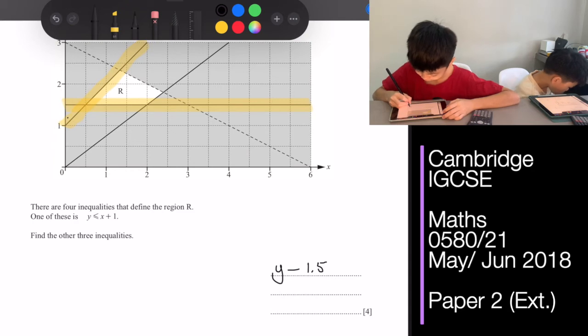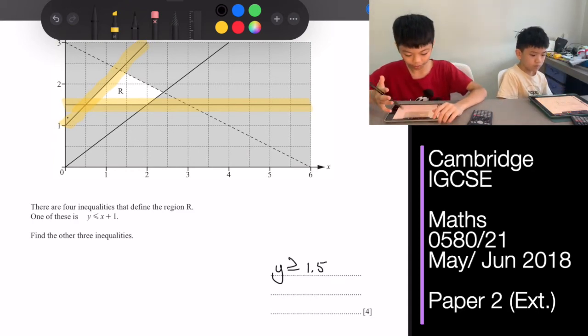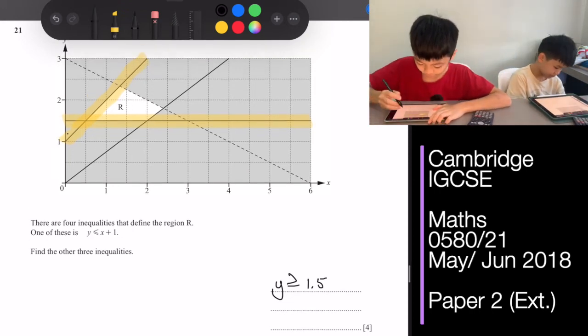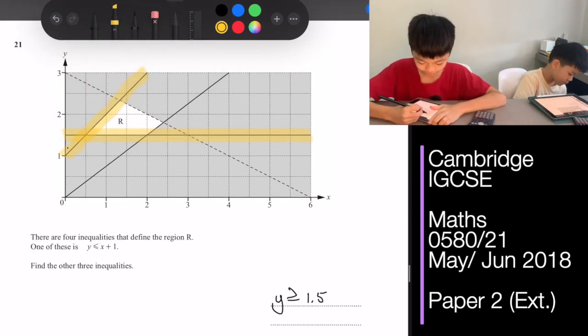So y is bigger or equal to 1.5. Alright, next we'll take the dotted line. I just have a good feeling about it.